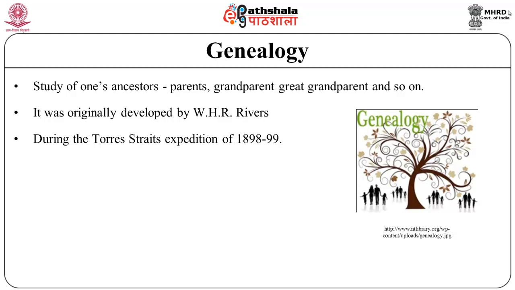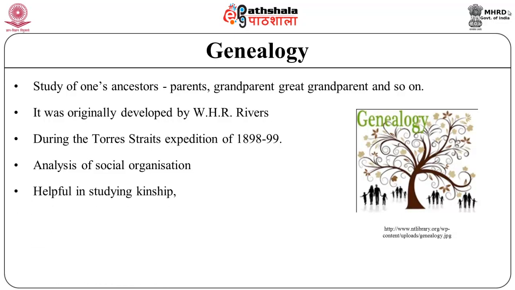The primary aim of genealogy is the analysis of social organization, that is the interpersonal relationships and living arrangements between the members of a society. It requires extensive interviewing of individuals in order to record their descent, succession and inheritance.